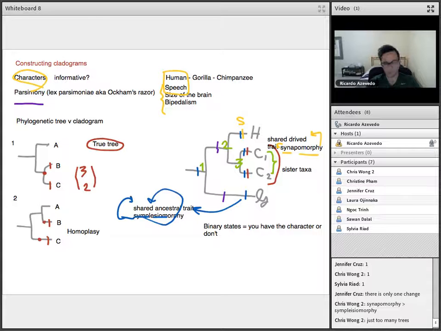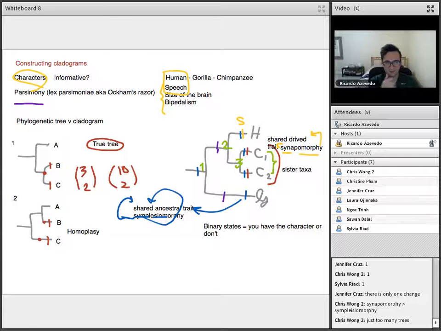So that can happen, and usually the way to get to the tree that's a true one... So you have a hypothetical tree and you have a true tree, which is the actual tree that represents the way that evolution unfolded. Though usually that's impossible to construct since you can't really test all the possible trees.